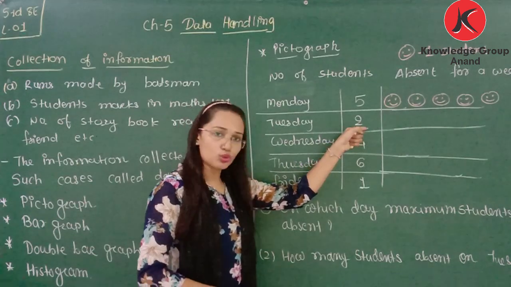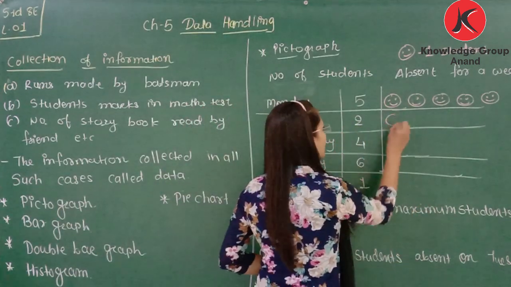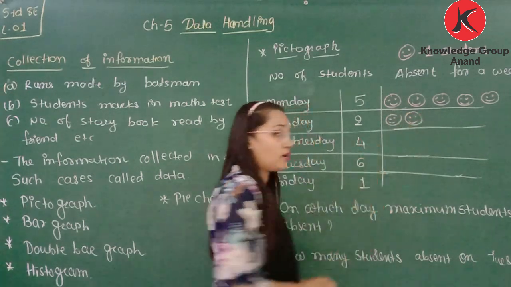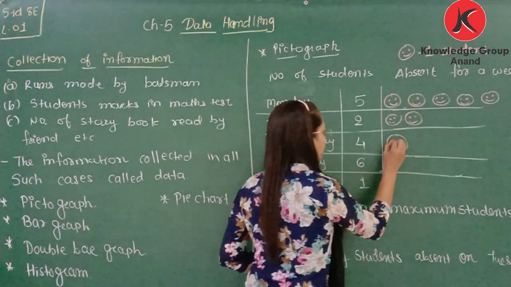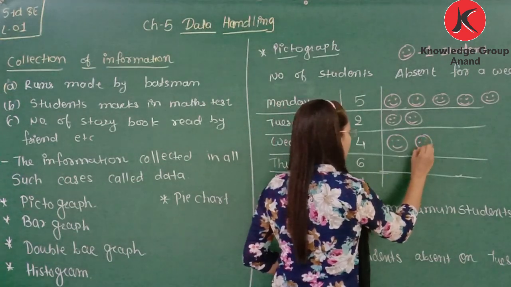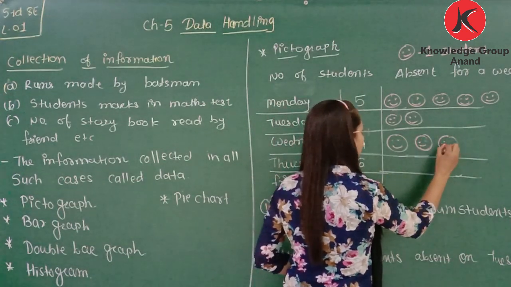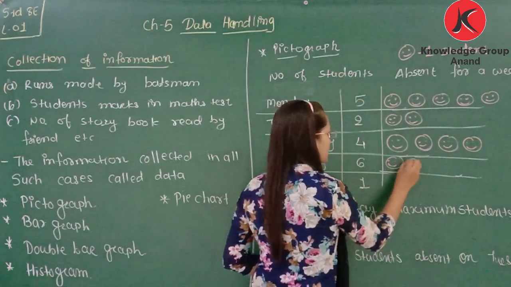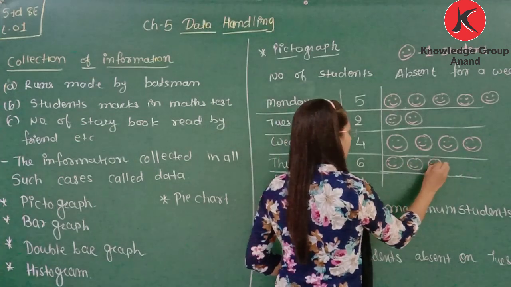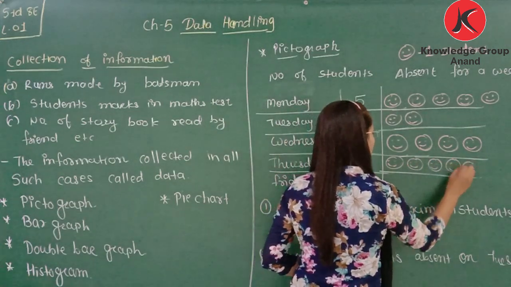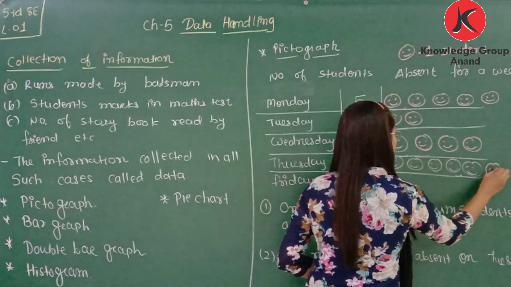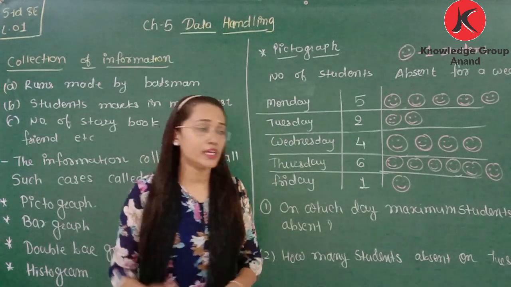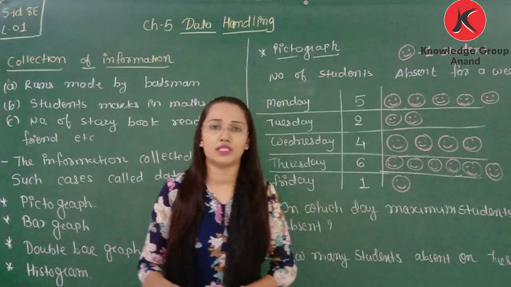On Tuesday 2 students were absent, so we draw 2 smileys. For 4 students, 4 smileys. For 6 students, we draw 6 smileys. For 1 student, we draw 1 smiley. It means each picture in the graph represents 1 student.